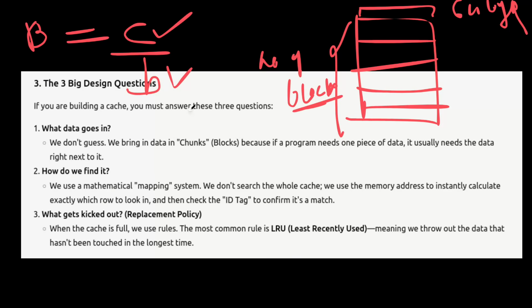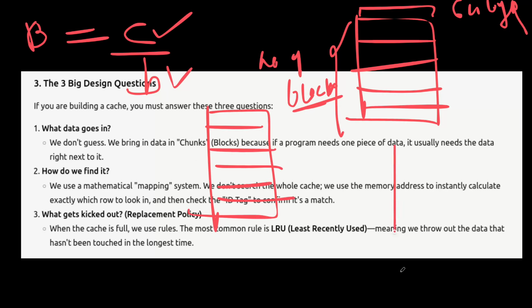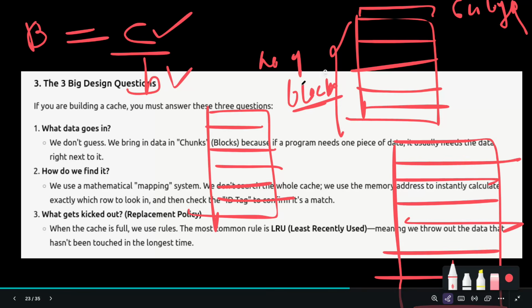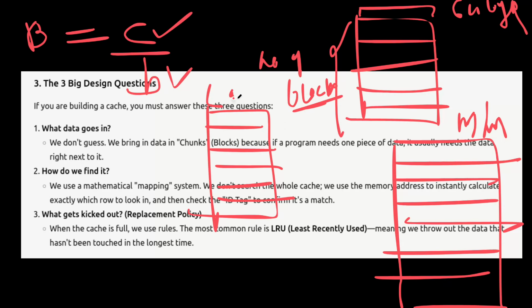If this is my cache, it has some blocks like this. The main memory is a little bigger, and it also has some blocks. This is my main memory, this is my cache.